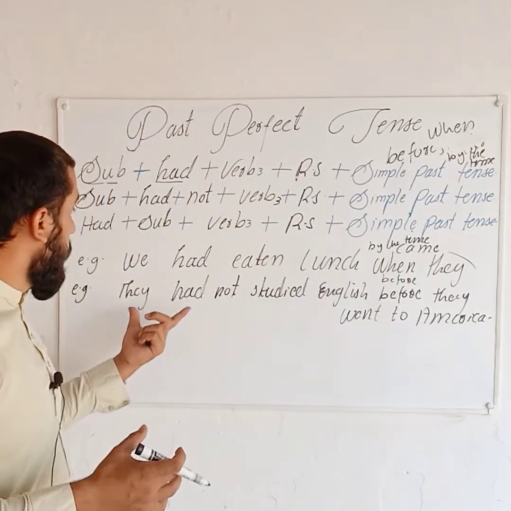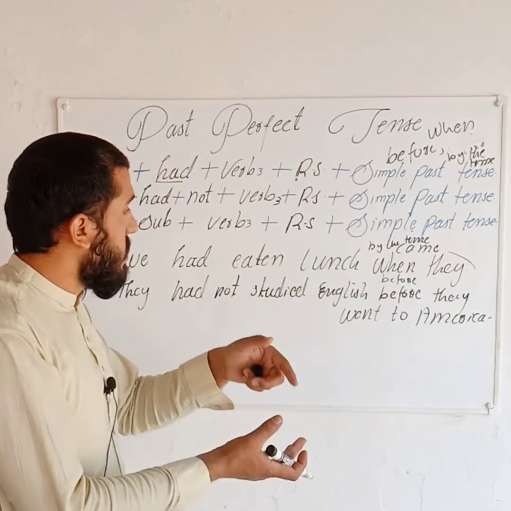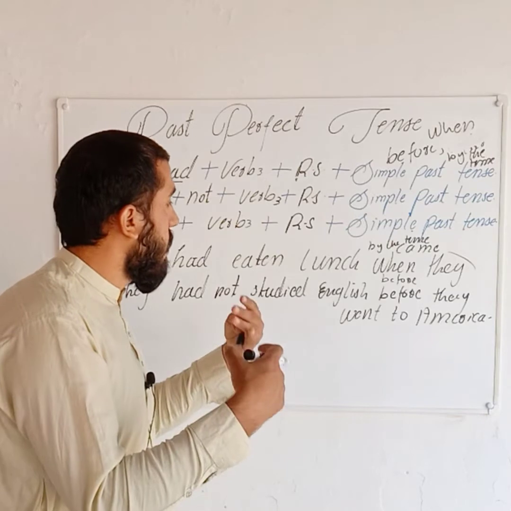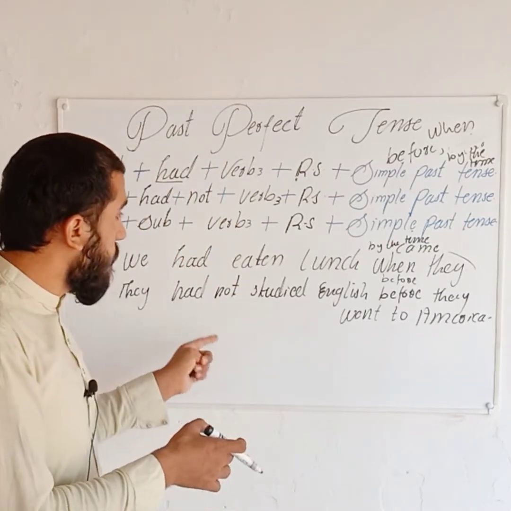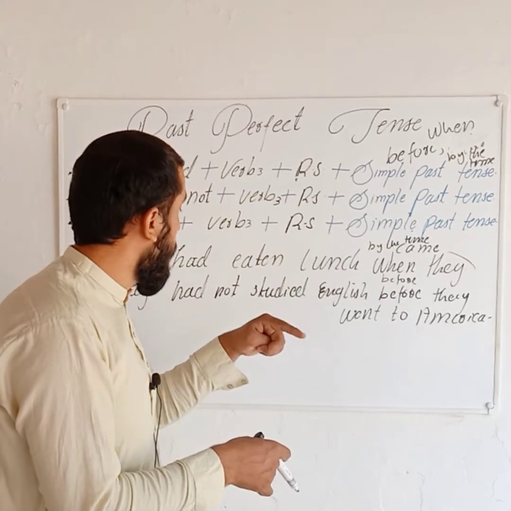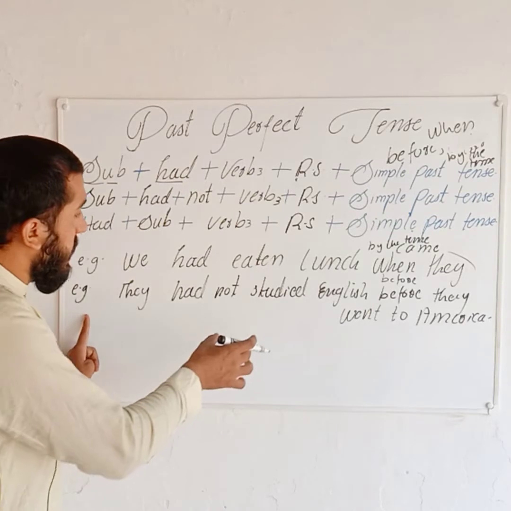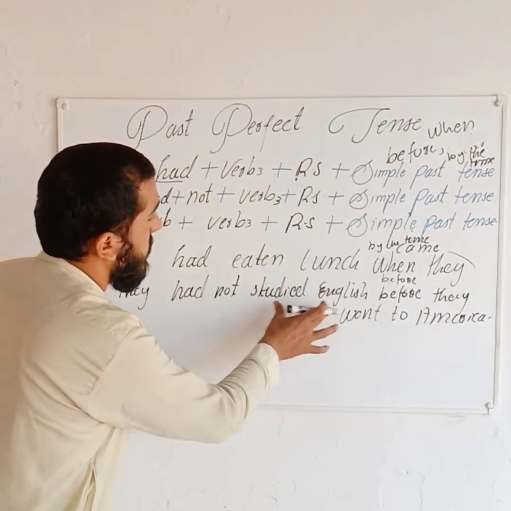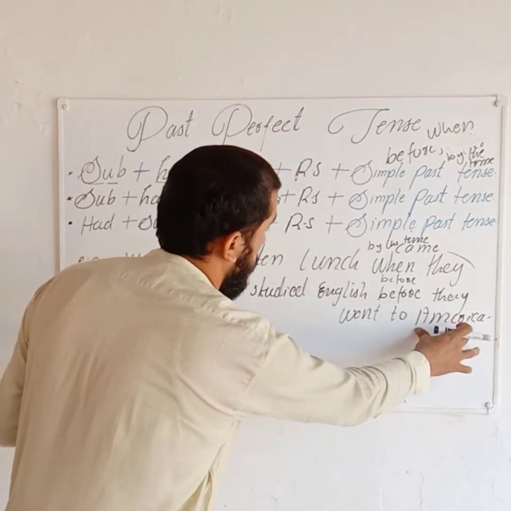What does it mean? It means they went to America, and after this, they might have studied or learned English. But before going to America, they had not studied anything. This is the negative one. They had not studied English. They hadn't studied English before this action.